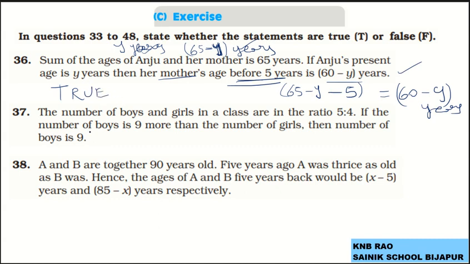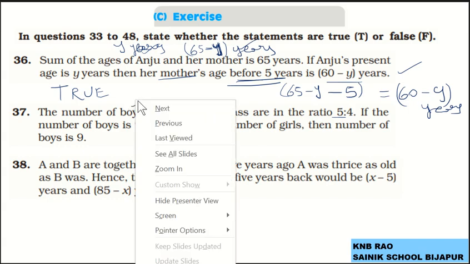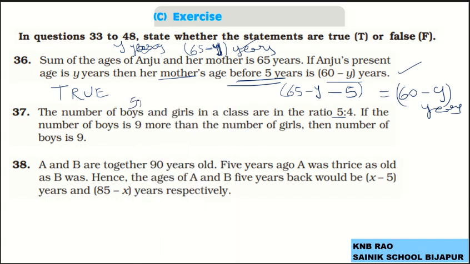Then coming to question number 37. The number of boys and girls in a class are in the ratio 5:4. That means boys are 5 times some ratio constant x, girls are 4 times that ratio constant. And the number of boys is 9 more than the girls, that means their difference is 9.